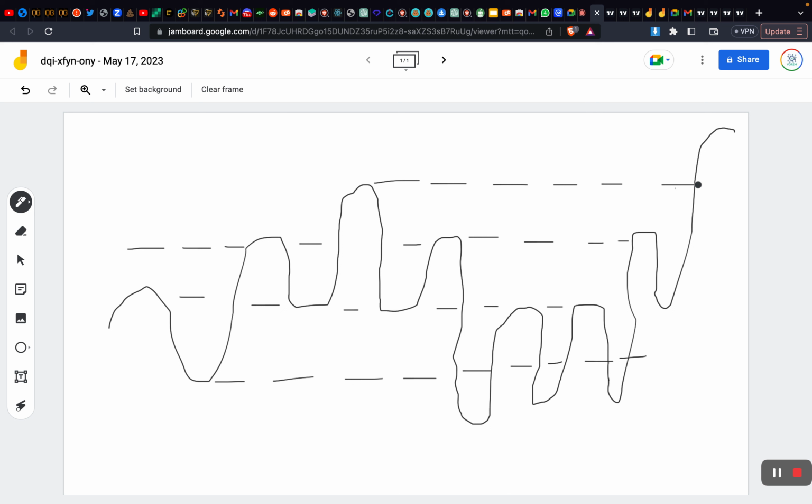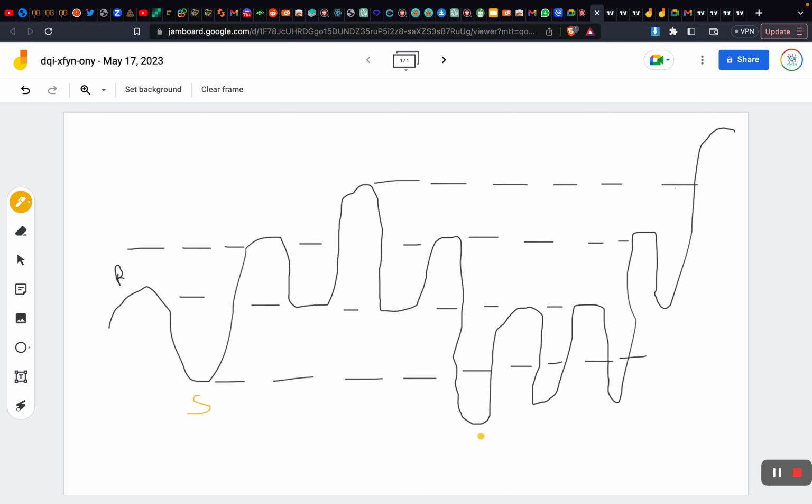Now, take a close look. Pay attention. Every top of this thing is called a resistance, and every bottom is called the support.